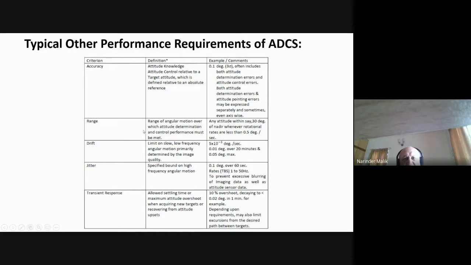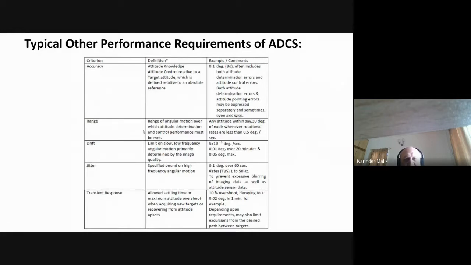Range: the attitude sensor range will be defined with respect to your nadir or with respect to your pointing axis around a conical region. What should be the range and the accuracy of that?